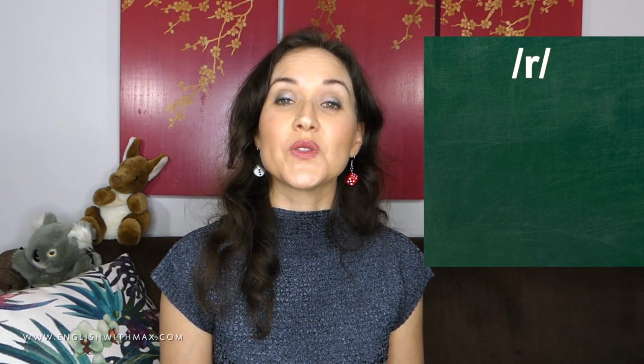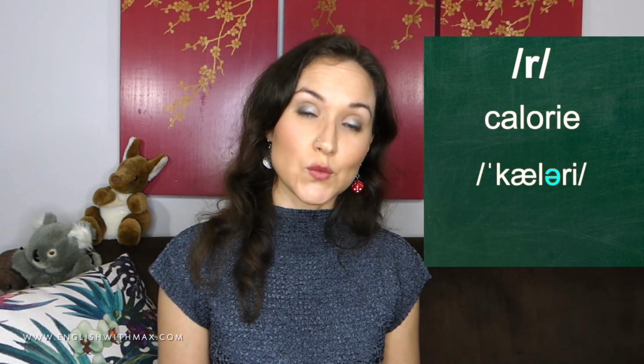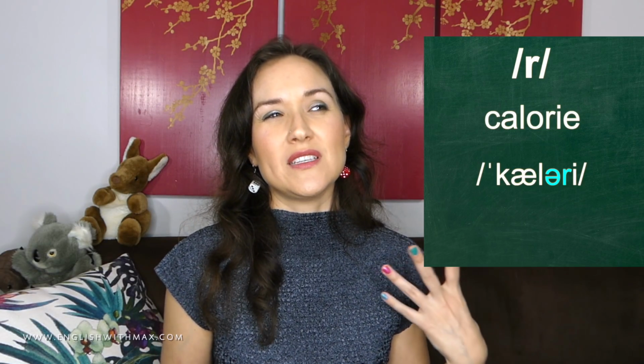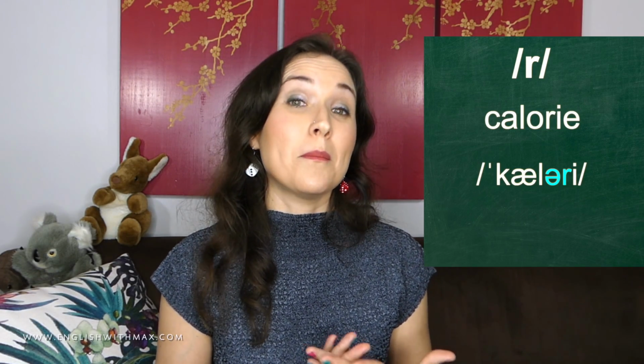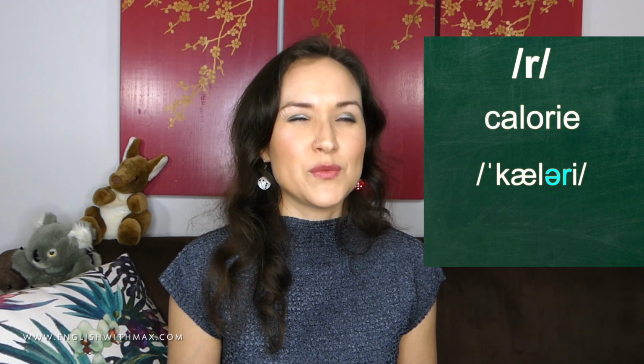For example, with the word calorie. There's a schwa followed by a r. If someone's speaking really fast, they might drop the schwa, but native speakers almost always pronounce it here.